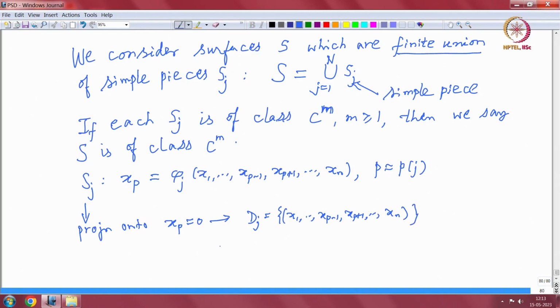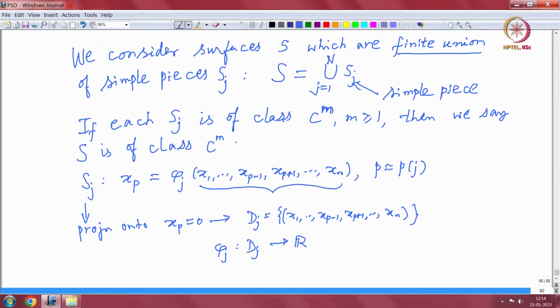And phi j is from Dj to R, and the points of Sj are given by x1, x2, xp minus 1, and the pth coordinate is replaced by this function phi j, and the rest of the variables are the same. Okay. So, in this case when I take grad phi j square, it will be with respect to these variables. So, just remember that. Okay.